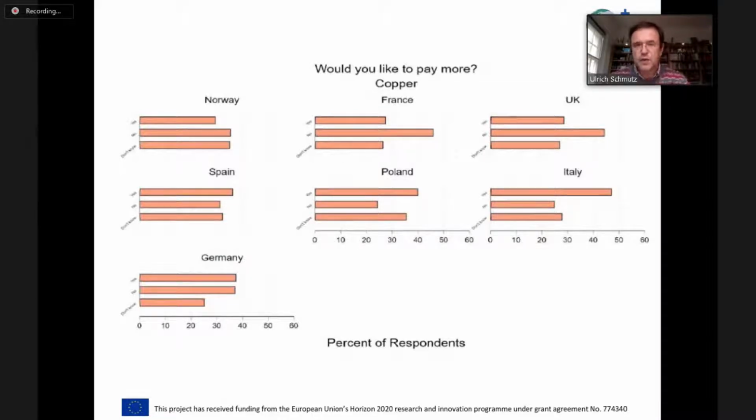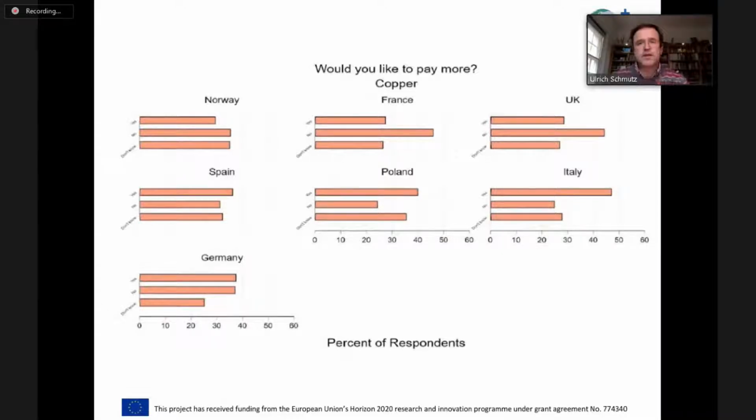So the first big column you see there is yes. The second one is no. But there's also a big one which is kind of don't know. So that comes from consumer research. Again, interesting. People in Poland, in Italy, in Germany are quite prepared to pay more for that. They value food. It's not the same in the UK, according to our results, and also not so much in France.